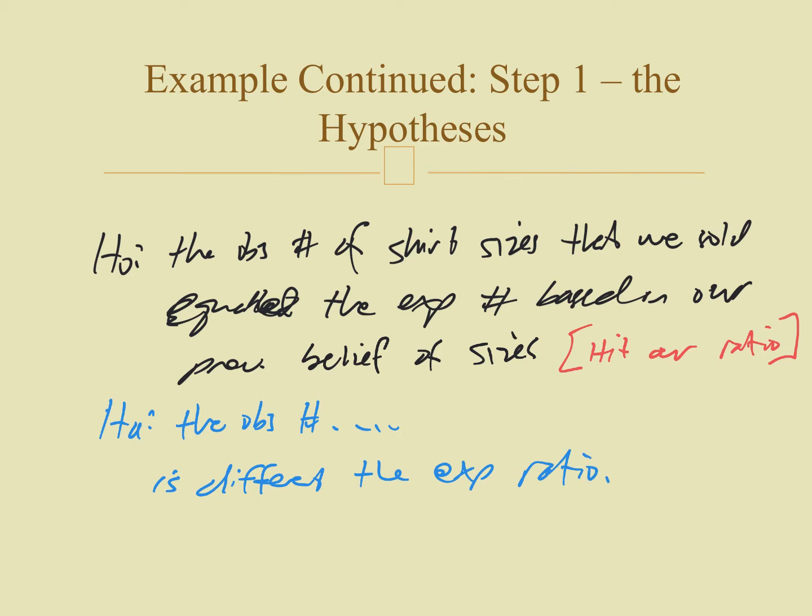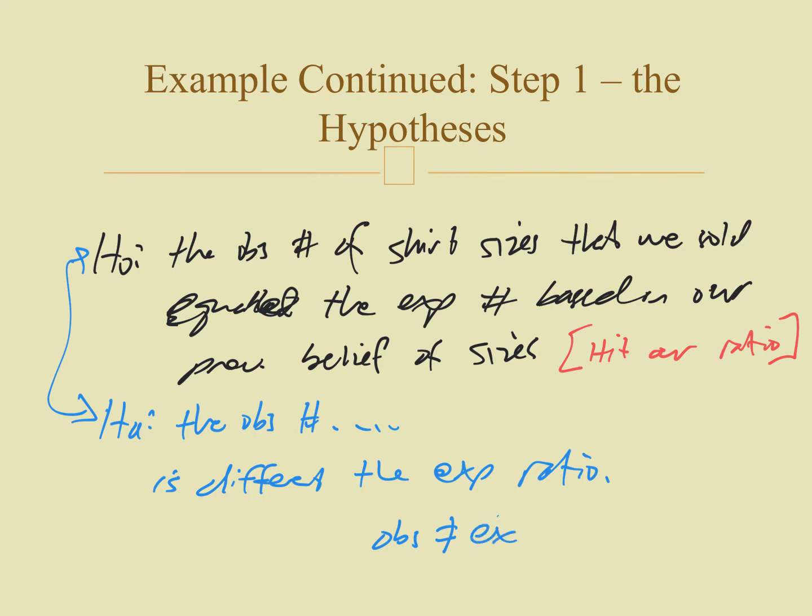Don't cut it off on a test answer in terms of your hypotheses, but you'll see me do that a fair amount in our examples, just so you don't have to watch me write the whole time. What we're trying to find evidence for is, is the observed distribution not equal to the expected distribution?